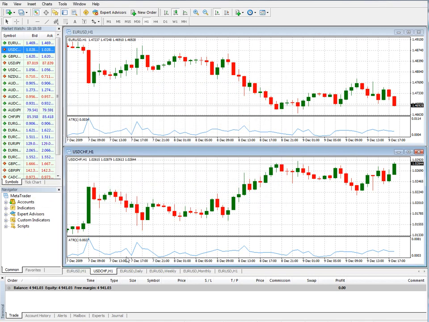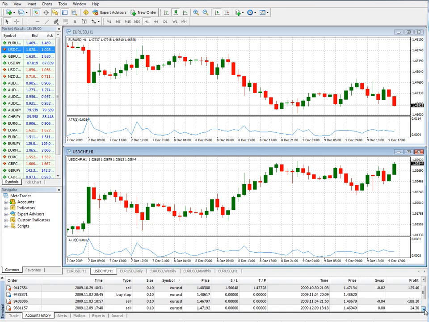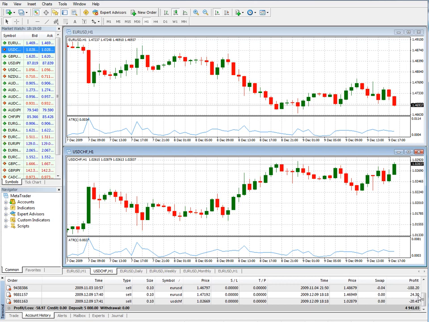Okay, let's see, account history shows the last two trades, and you can see here 24.30 plus and 20.41 minus, for a total of 3.89 to the positive.